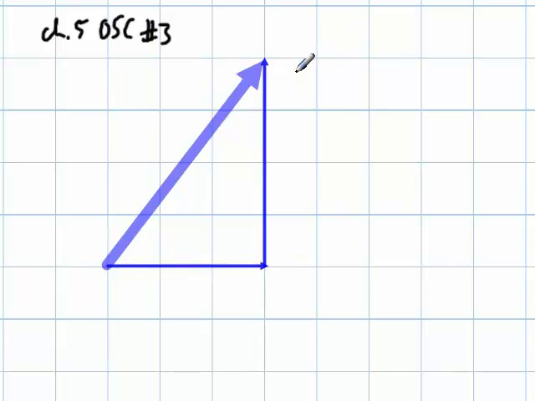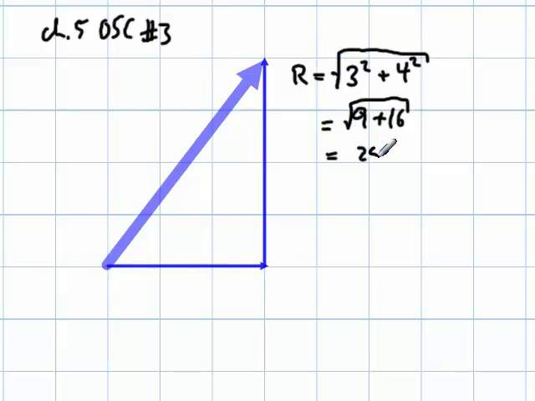And write that the resultant is the square root of 3 squared plus 4 squared. I always like to write the square root last so I know how big I have to write it. You can do that on the calculator. You can do it also in your head, because you're going to get 9 plus 16, the square root of 25, 5.